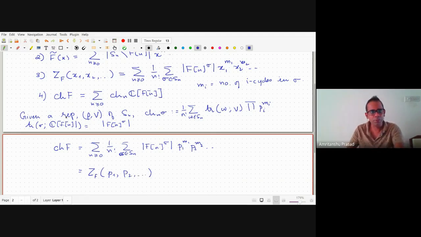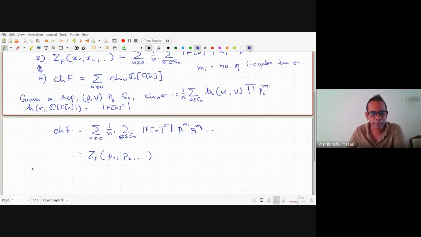The point I want to emphasize here is that these two generating functions carry the same amount of information. I already explained to you that you can get the Frobenius characteristic generating function from the cycle index generating function by substituting p i for x i. But you can go the other way around also, because p1, p2, p3 are all algebraically independent.